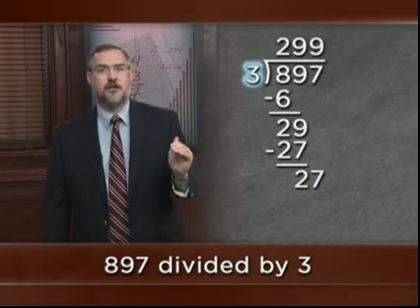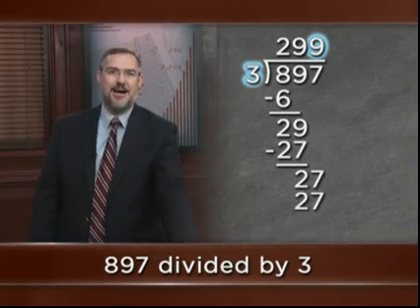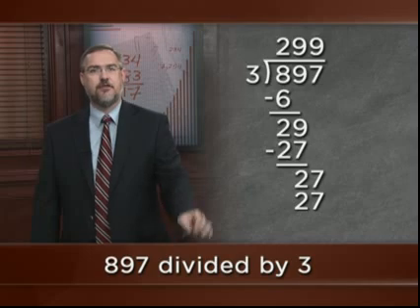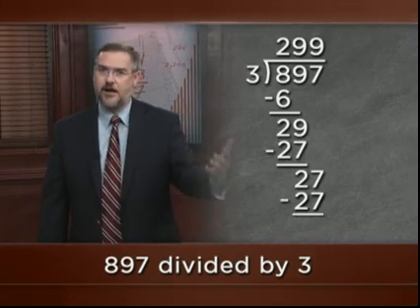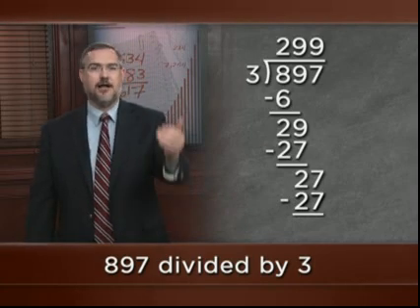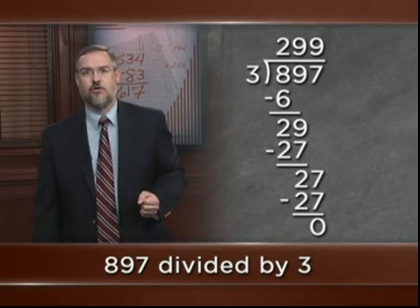Since 3 times 9 equals 27, I'm going to write a 27 at the bottom of my work again, and I'm going to have 27 minus 27. Again, I have to do the subtraction, and I'm down to an answer of 0 at the bottom, if you will, at the bottom of my work.